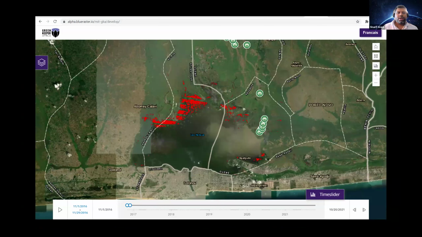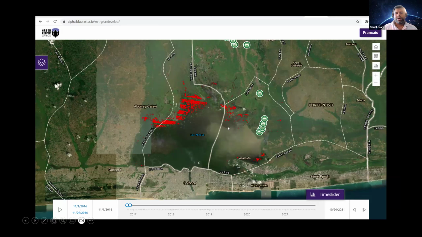The final product that we are going to have, this is a prototype that we developed working with Blue Raster. They are a company who are helping us to develop this decision support tool. The idea is that we will have the satellite Earth observation data, which we analyze to see water hyacinth extent, but also combine other information related to socioeconomic vulnerability and the decision-making aspect in this decision support tool.